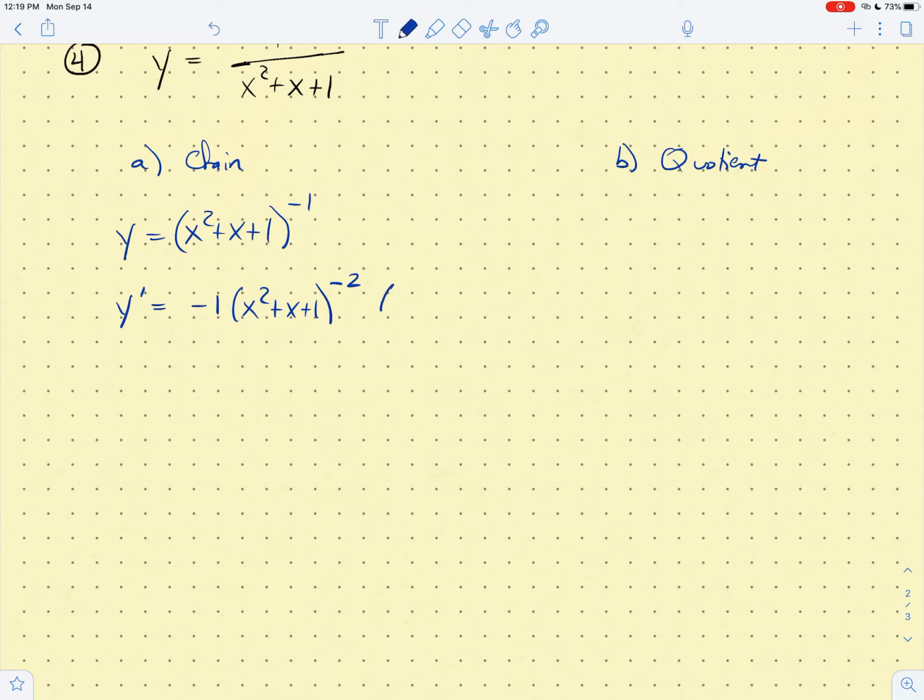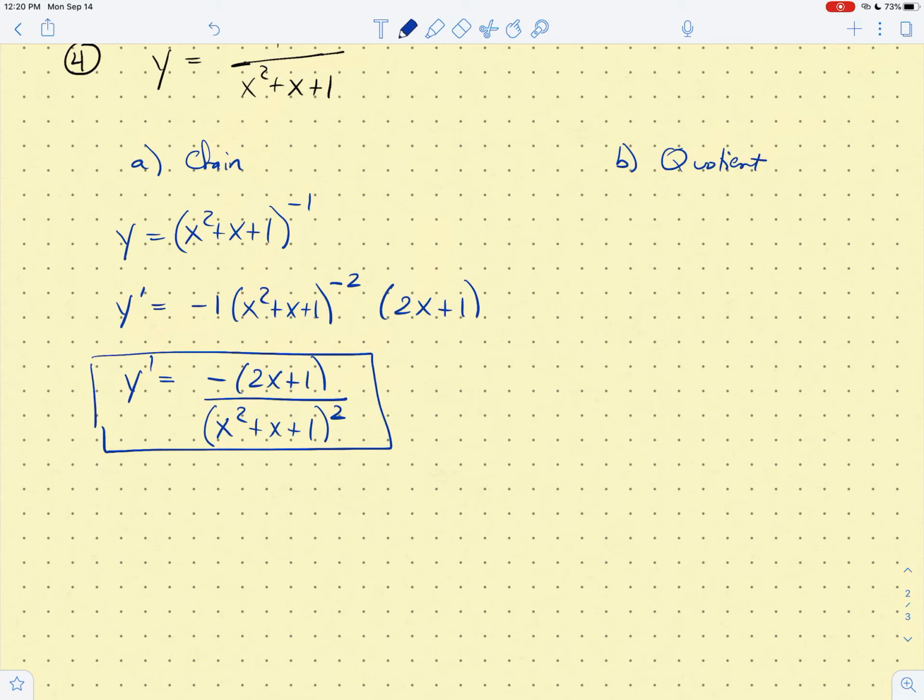And then you multiply by the derivative of the inside, which is 2x plus 1. We want to clean our answer up a little bit, so first off, the negative we'll just put upstairs. So it's going to be negative 2x plus 1 upstairs, and then x squared plus x plus 1 all squared downstairs. So that's y prime.